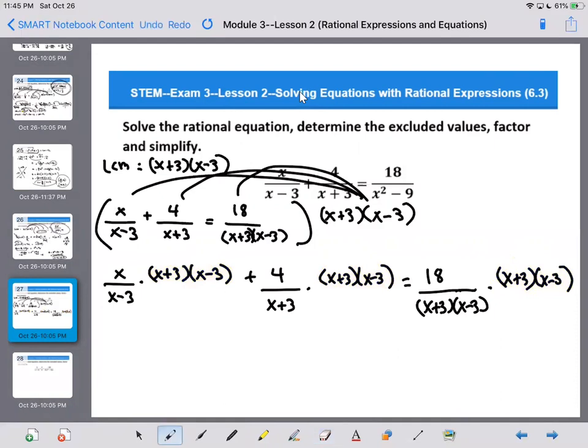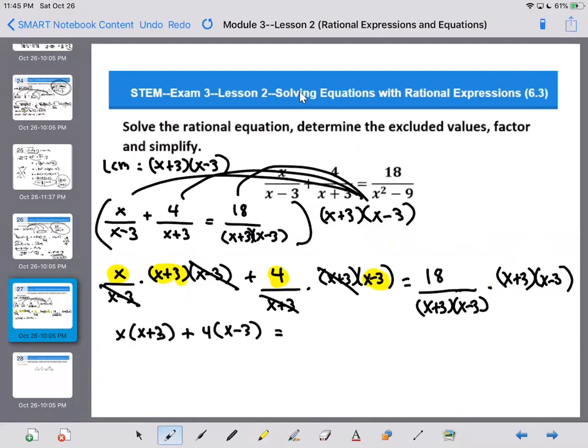So this x minus 3 will divide out with this x minus 3, and you're left with x multiplied by x plus 3, plus, all right, well, this x plus 3 and that x plus 3 will divide out. You're left with 4 multiplied by x minus 3.